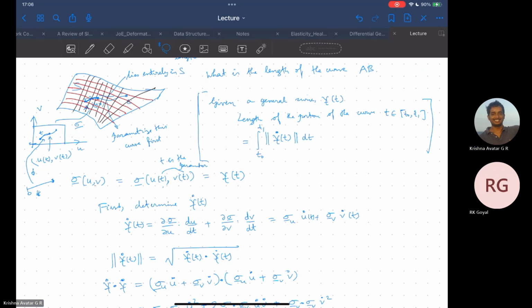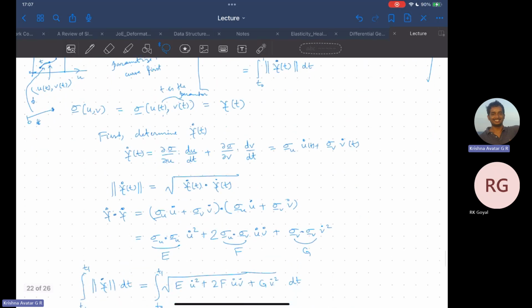So we are defining the curve based on that. It means that if the surface was sigma UV, then U and V will both be functions of this t, which is the parameter. So we are able to trace a curve on the surface. And then we use the standard length formula to determine the length of the curve.